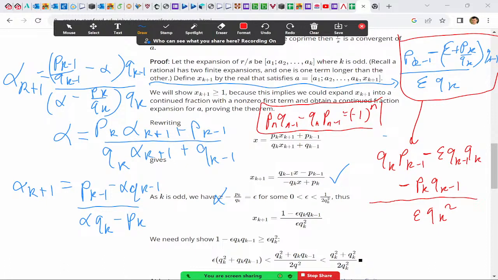Does that make sense? I just don't get the x minus p_k over q_k equals epsilon. I guess that's the assumption, yeah.